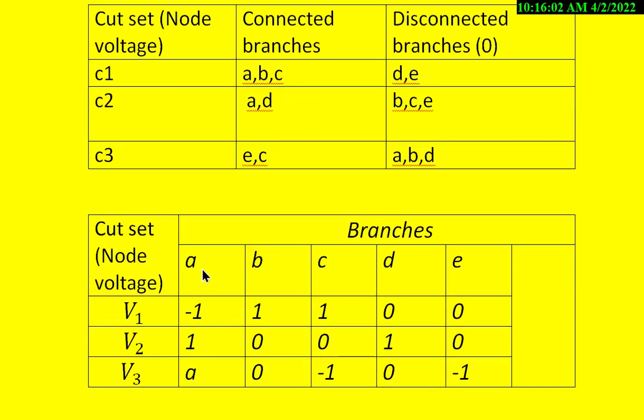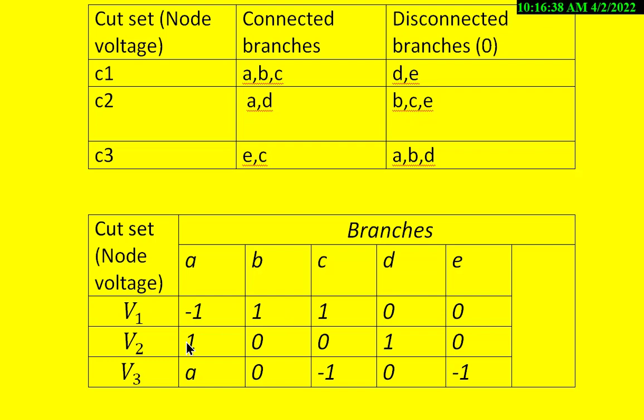For A, minus 1, whereas B and C are leaving node 1, so we get here plus 1, plus 1, whereas the disconnected elements D and E should be assigned zeros like this.